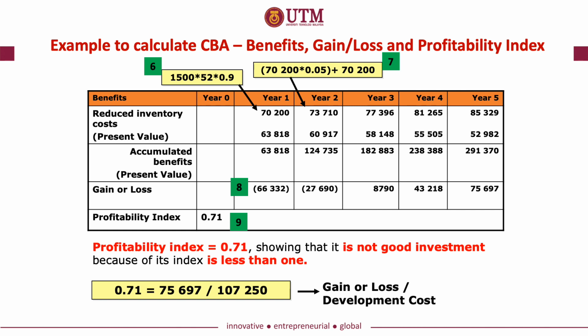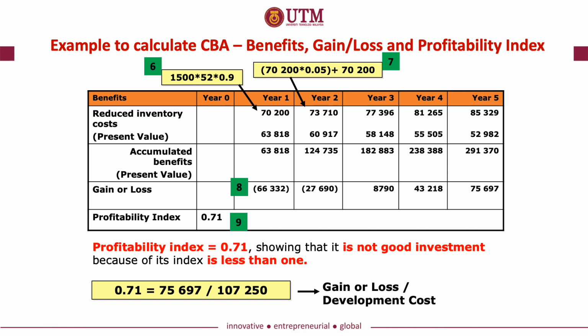Calculate the estimated benefit for each criterion by multiplying it with the sensitivity factor rate 0.9. For example, the asset value for inventory saving benefit is 70,200, a value after 1,500 is multiplied by 52 weeks per year and multiplied again with the sensitivity factor rate 0.9.